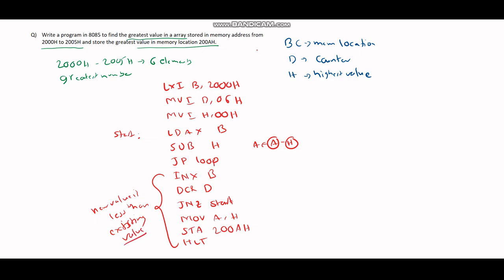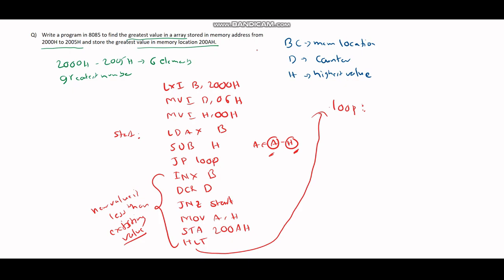Now what happens if the new value is greater than the existing value? I'll continue this here since I don't have any space. We define a loop. Basically the program is going to come here. What I have to do is move my accumulator value to the greatest value, since the new value that I've received is greater than the value I had.